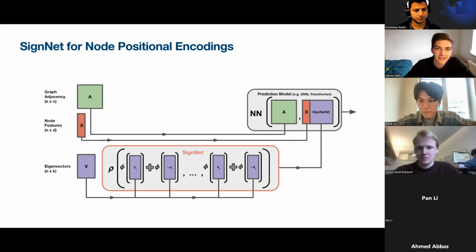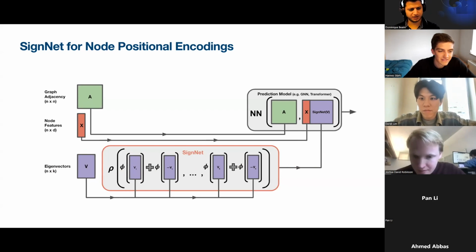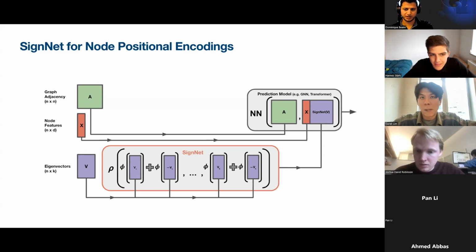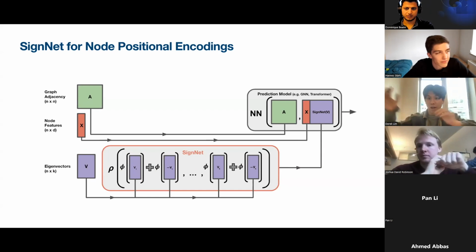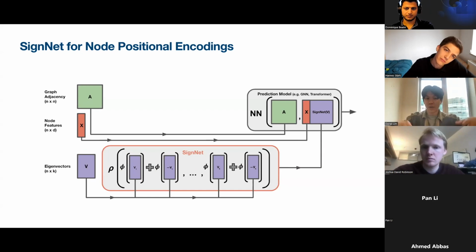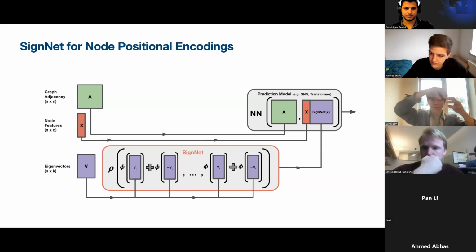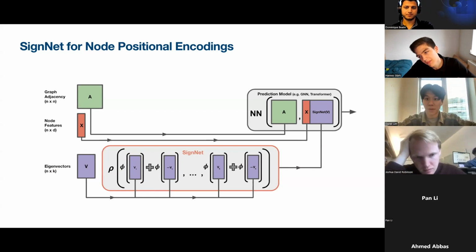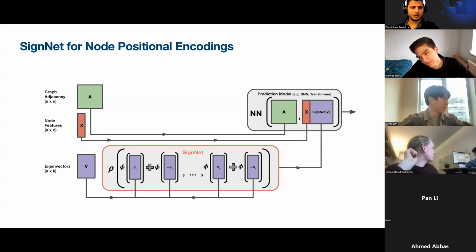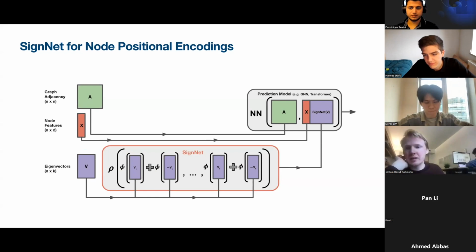Tom? And Dominique? Yes, a few questions on there. So rho is an aggregation function, like basically sum or mean or max or something like that. What is the rho exactly? Okay, so if you're using a fixed number k of eigenvectors on each graph, then you could take rho to be an MLP, by the embedding dimension of phi.